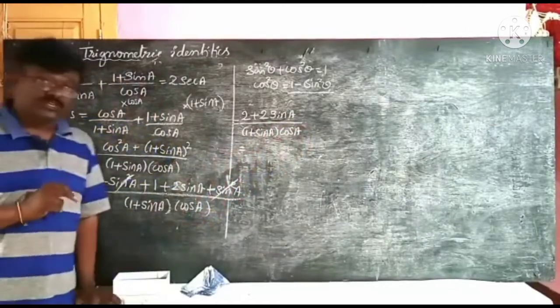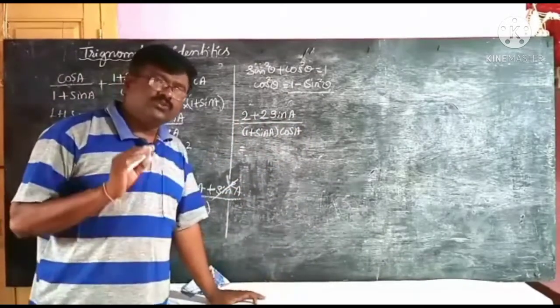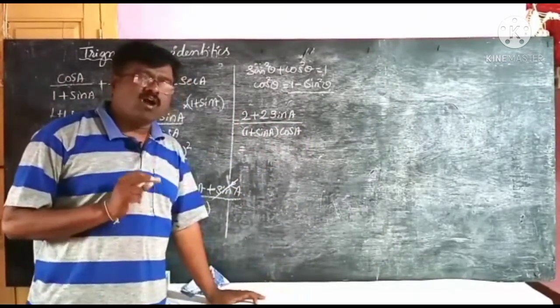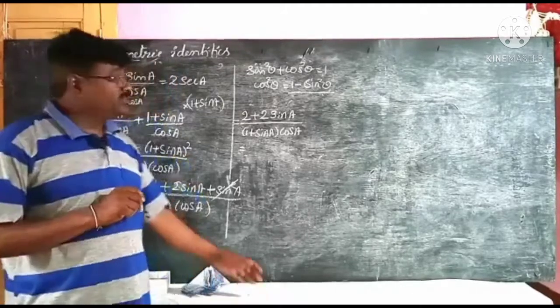In this last step, 2 plus 2 sin A does not contain algebra identities or trigonometric identities.